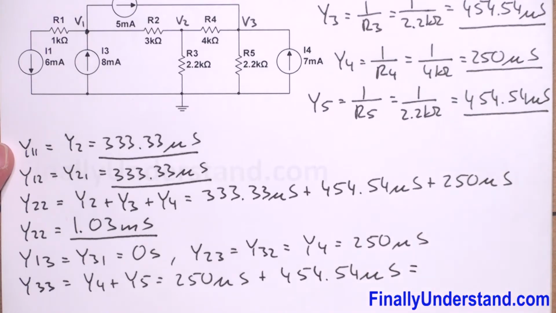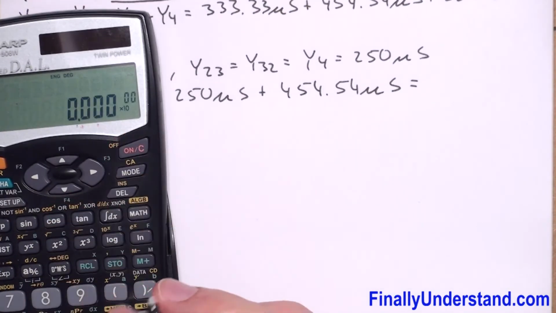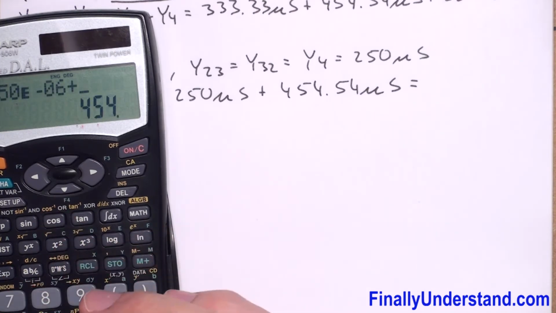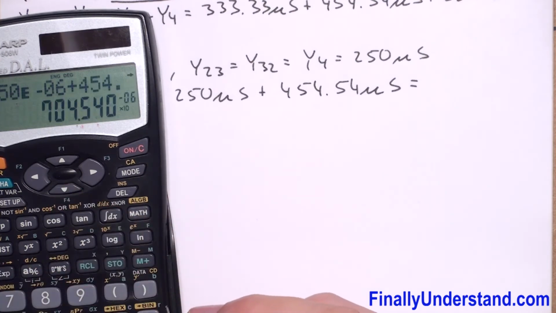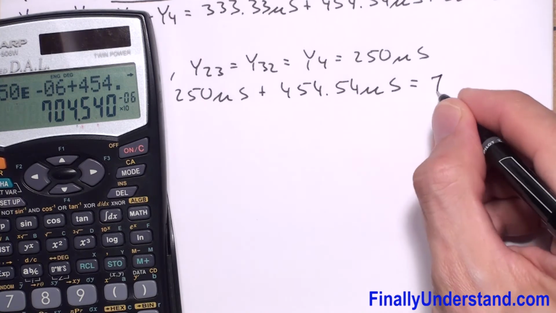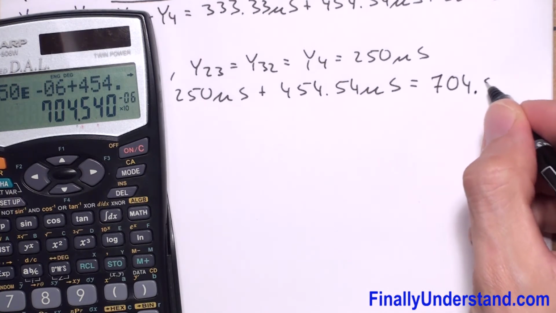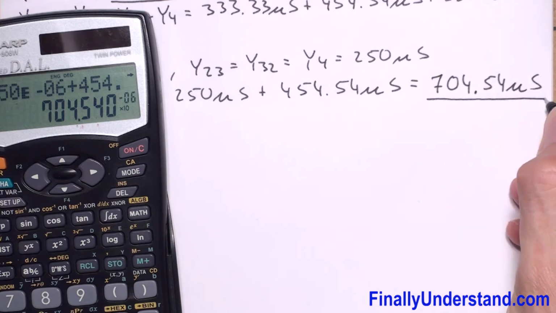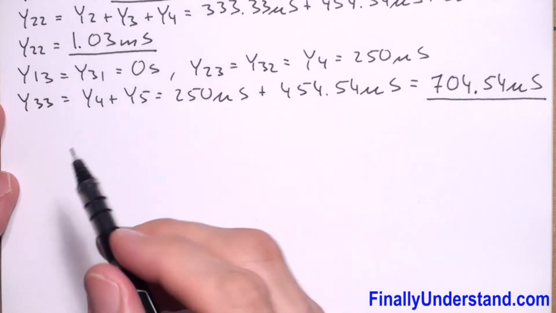This is equal to 250 times 10 to the negative 6 plus 454.54 times 10 to the negative 6, which equals 704.54 microsiemens. So we found Y33.